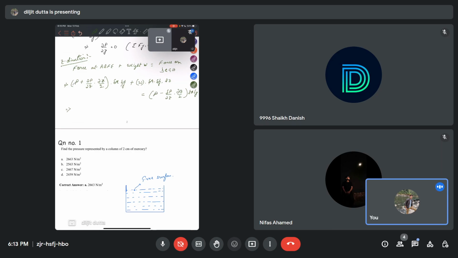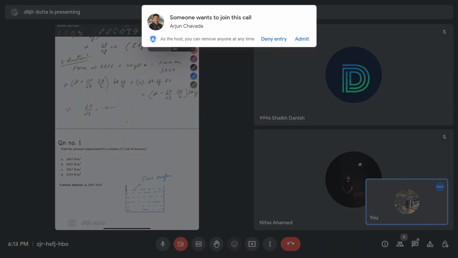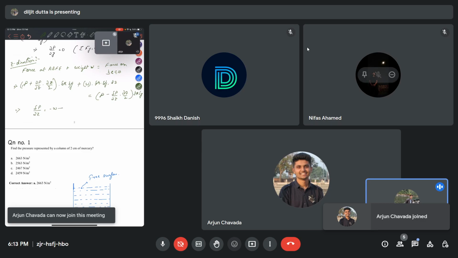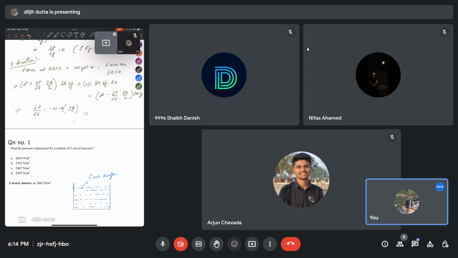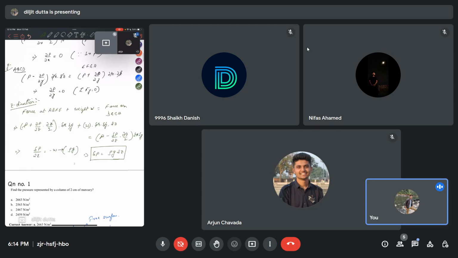So after simplification, we will have del P by del Z equals minus W, where W is the specific weight, that is rho g. So delta P equals rho g delta Z. This is how we get the variation of pressure in the Z direction. Okay, I hope this is clear.